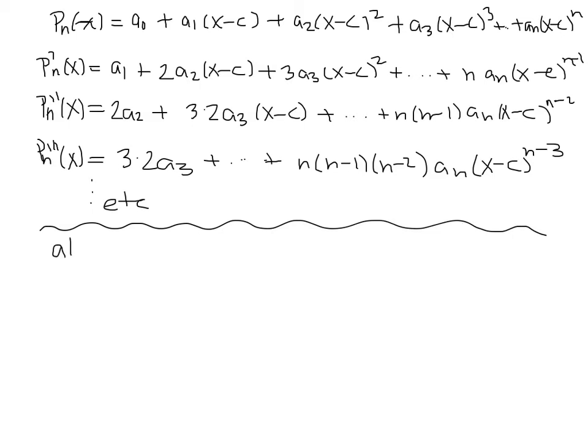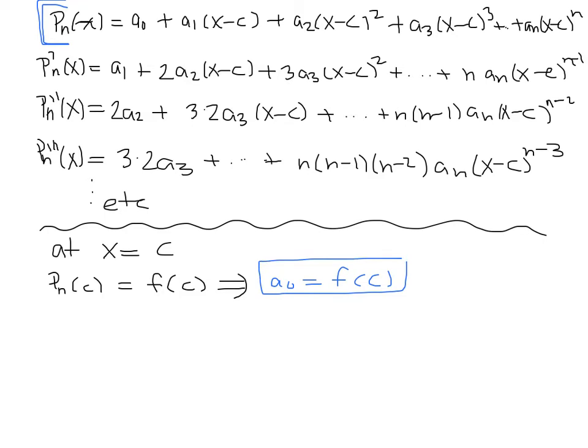Now, at the point x equals c, we want p sub n of c to equal f of c. And so what that implies when you plug c into your polynomial is every term is 0 except for the a sub 0. So we'll have a sub 0 equals f of c.